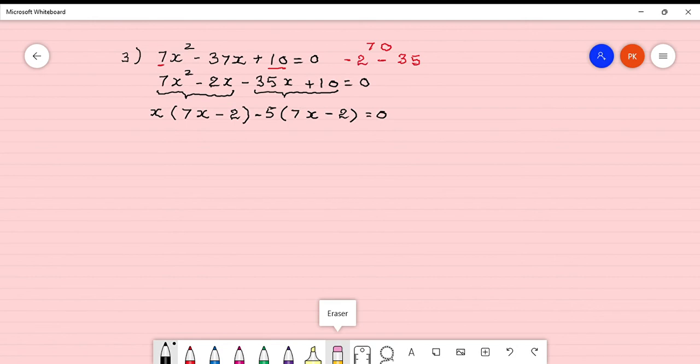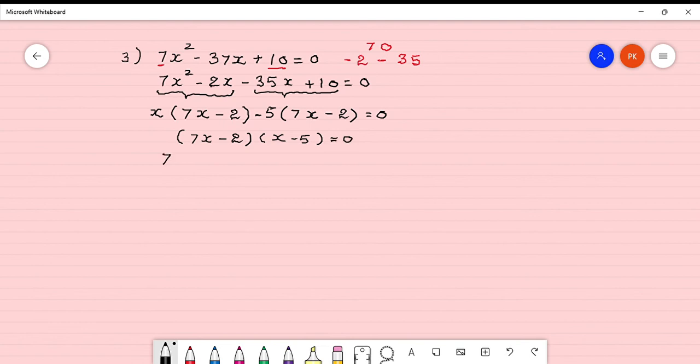So that gives the two factors. One factor is 7x - 2. See that this bracket is common, so 7x - 2, and the other factor is x - 5. Now equate each factor to 0.